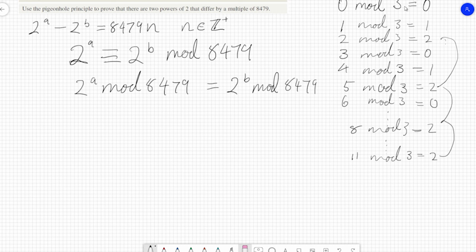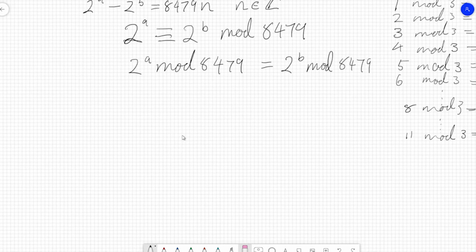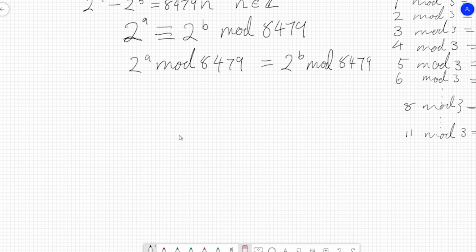So in here, it's cycles of 3: 1, 2, 3, 1, 2, 3, 1, 2, 3. Yeah, so the cycles of 3 here, because the divisor is 3. Now, of course, what are the powers of 2? We can apply the same procedure.